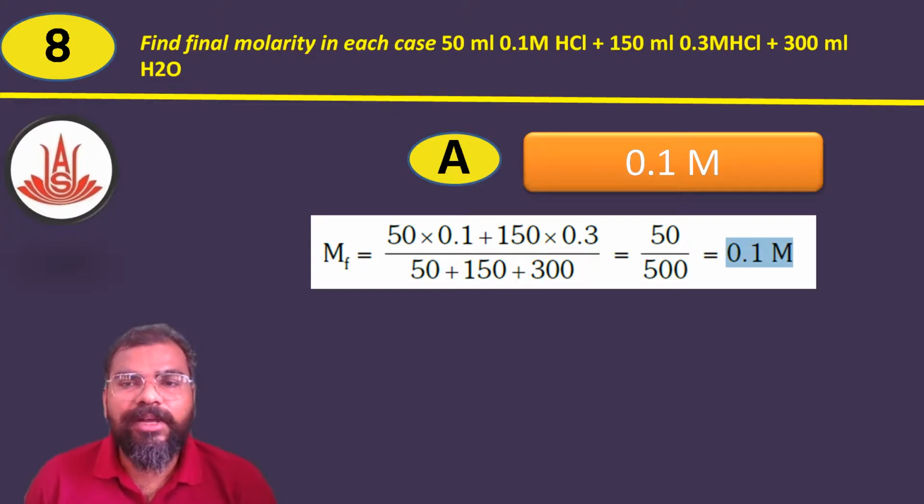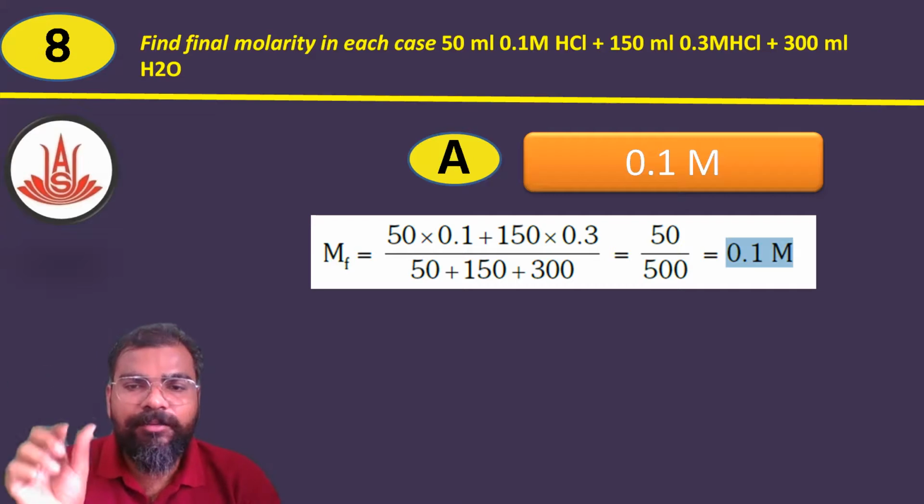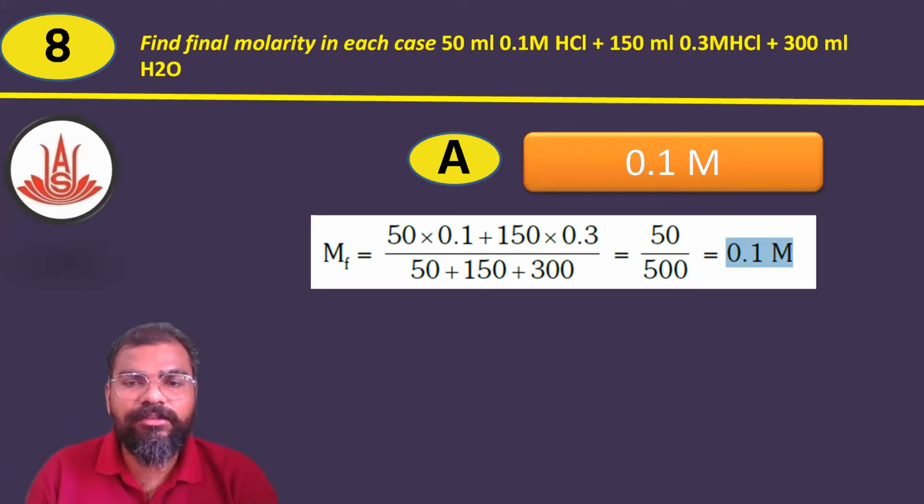So the final molarity, it would be 50 upon 500, so it is 0.1. 0.1 molar solution is the final molarity of the solution. So option A is the correct answer.